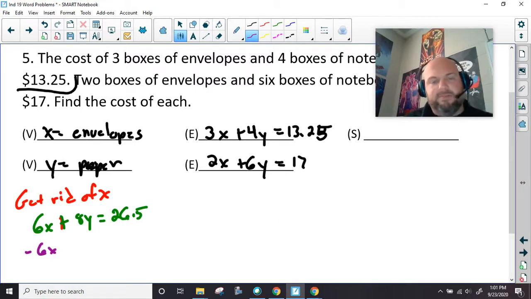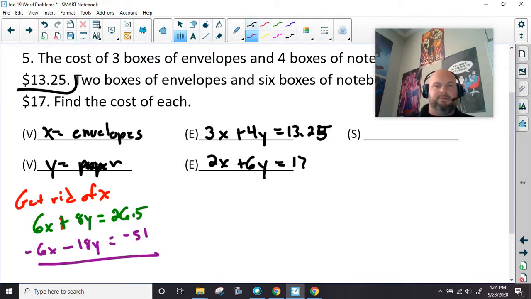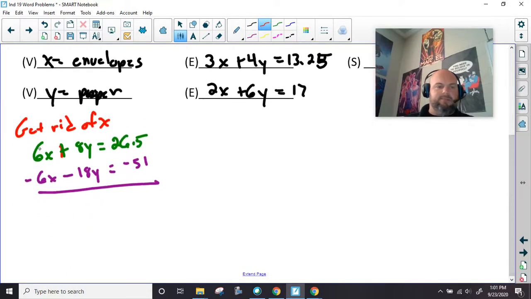All right, we'd have to multiply this by negative 3 to make it be negative 6. So if I multiply this by negative 3, so this is minus 18y. All right, and then, okay, yeah, I got to use a calculator for this one. So 17 times negative 3 is negative 51. All right, so I got rid of the x's.